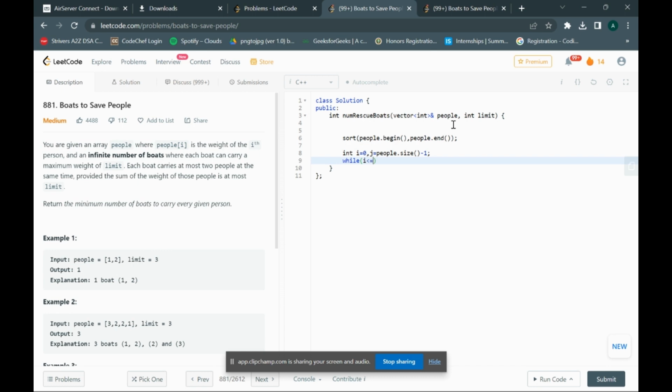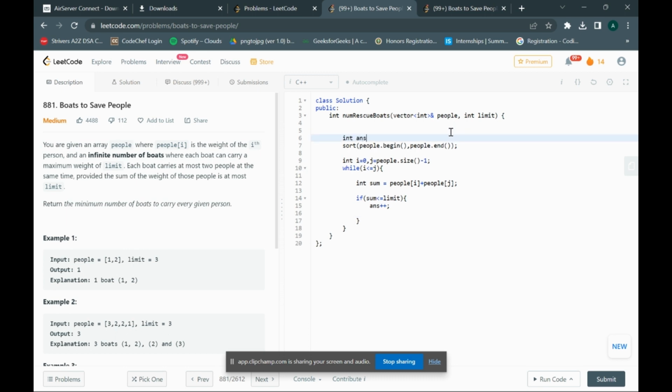Now we'll run a while loop while i is less than or equal to j. At every index, I can try to sum both the persons, and I can check if my sum is less than or equal to limit. If both of them can fit on my boat, I can take answer plus plus.